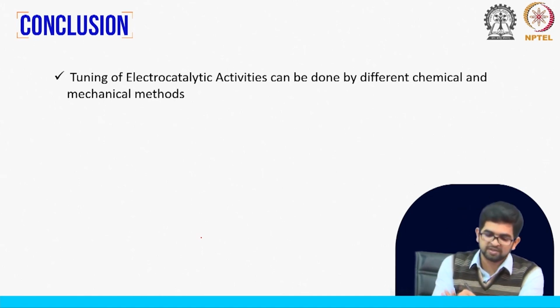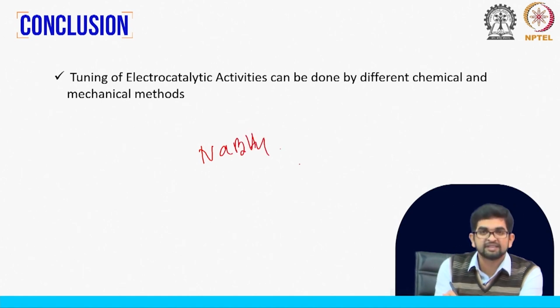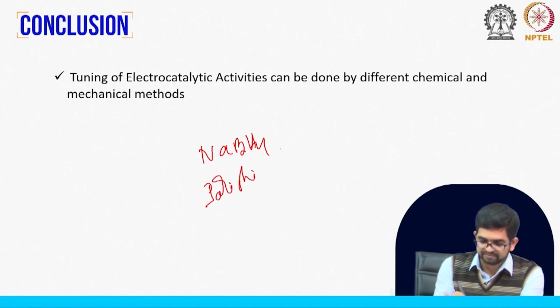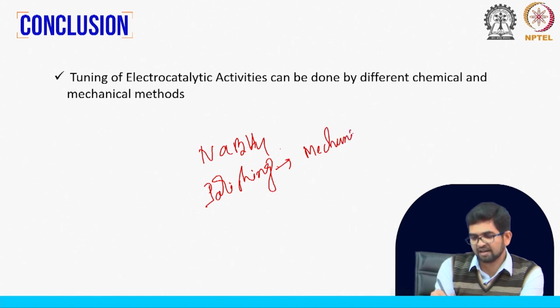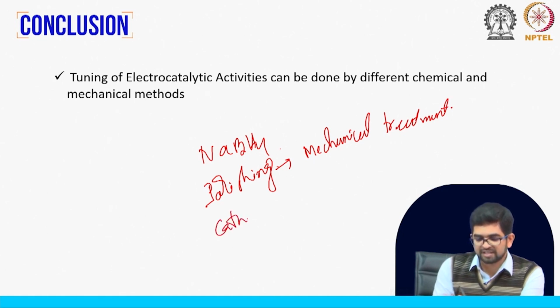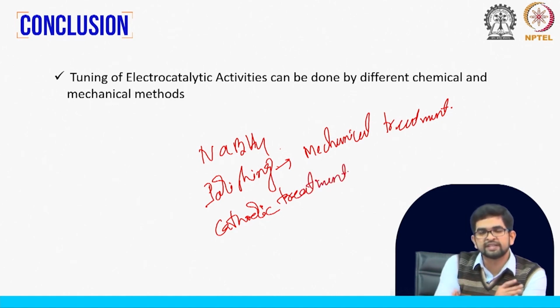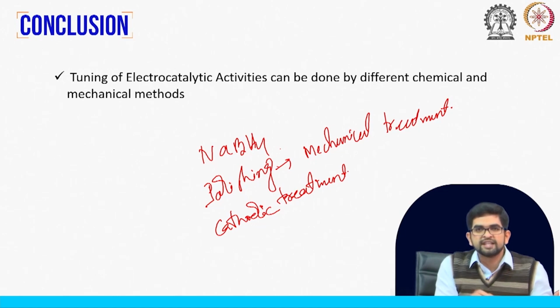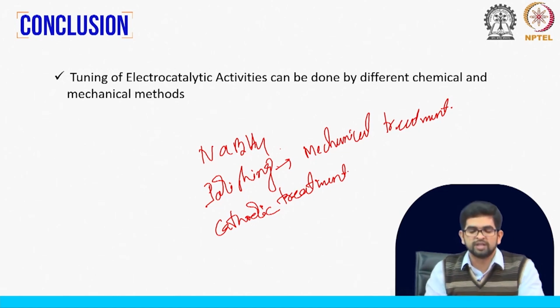So first you learned sodium borohydride treatment, that is chemical treatment, right? Today I told you the polishing, that is mechanical polishing. This is mechanical treatment, right? And also you learned cathodic treatment, right? Cathodic treatment means you are applying some negative potential, scanning your electrode, and also you can improve the electrocatalytic activity.